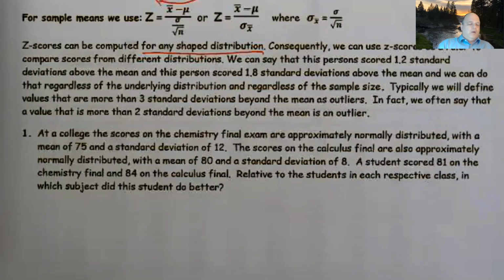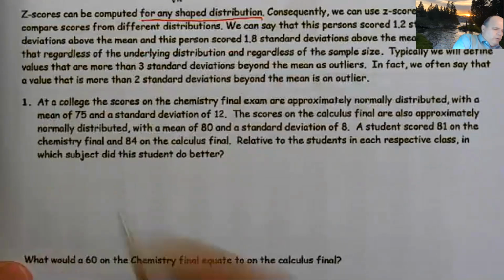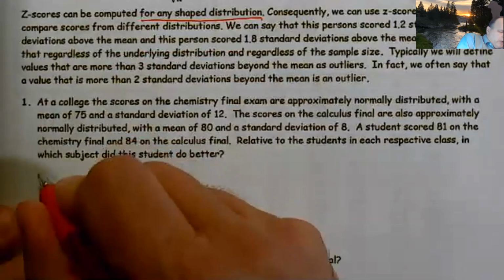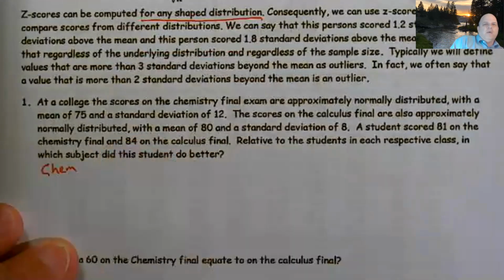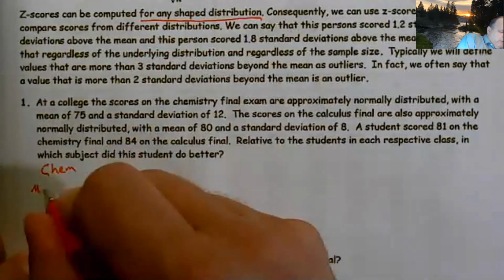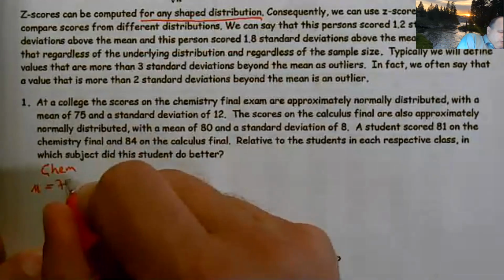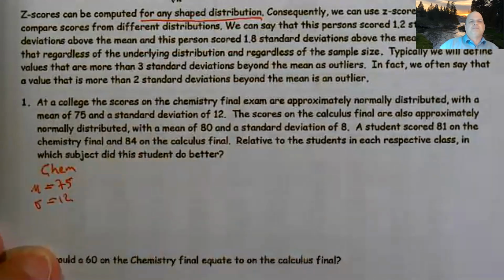And here we go. At a college, the scores on the chemistry final are approximately normally distributed with a mean of 75 and a standard deviation of 12. Just for organization purposes, I'm going to write that down. So we have a chem final with a mean of 75 and a standard deviation of 12.